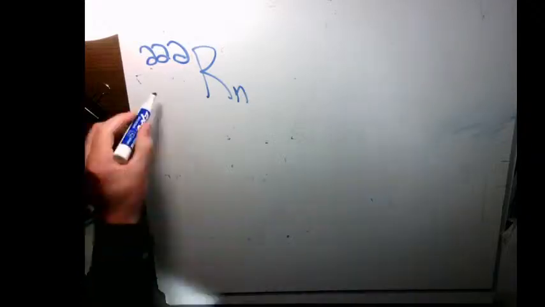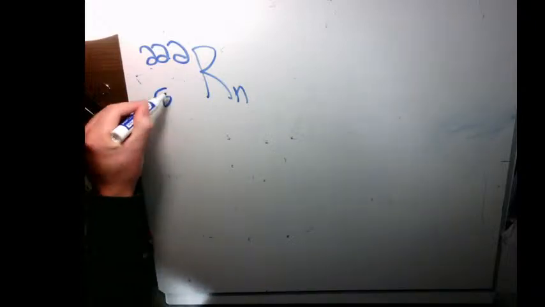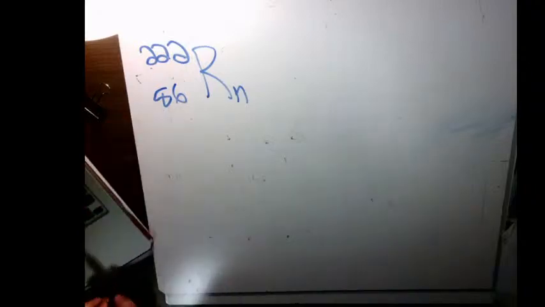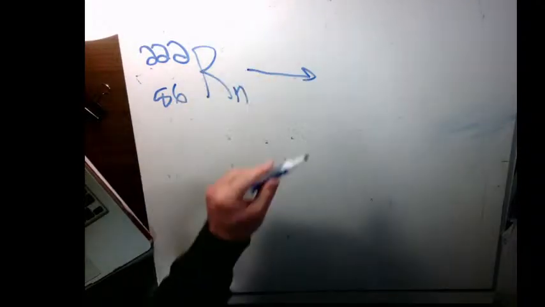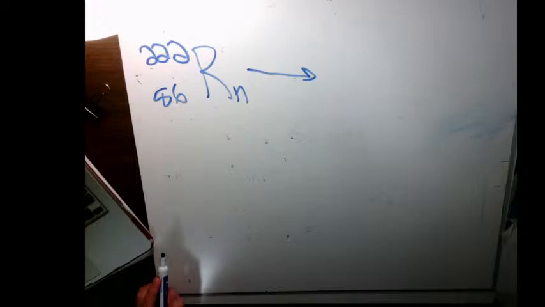That is our mass number. And if we look at our table of elements, that was too hard, we've got 86 protons. So our atomic number is 86. And we know we're going to undergo alpha decay.